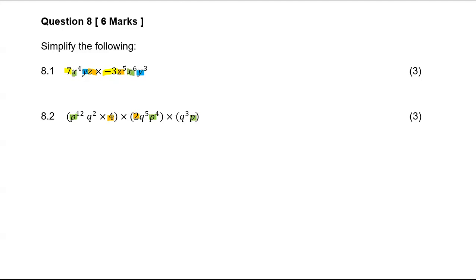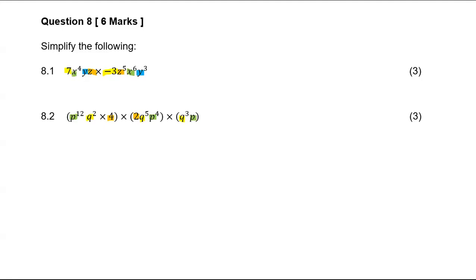And the q's will have q to the exponent of 2 times q to the exponent of 5 times q to the exponent of 3. 2 plus 5 is 7, plus 3, it'll give you 10.